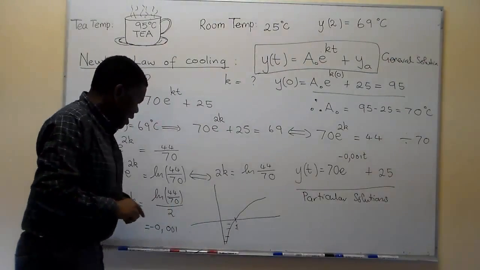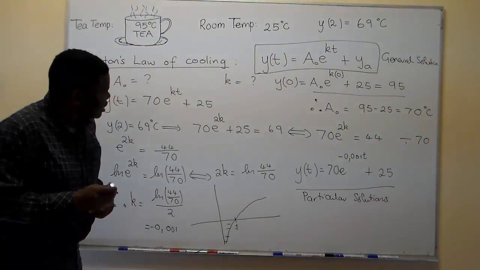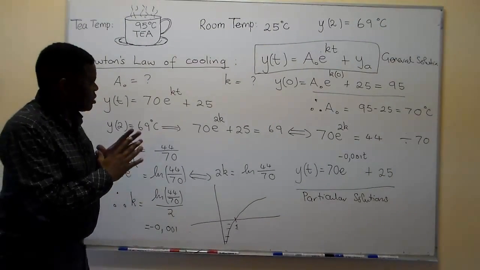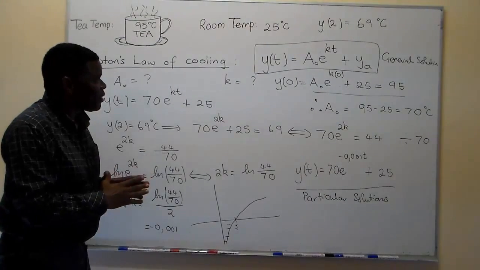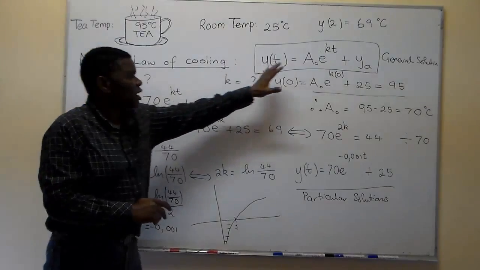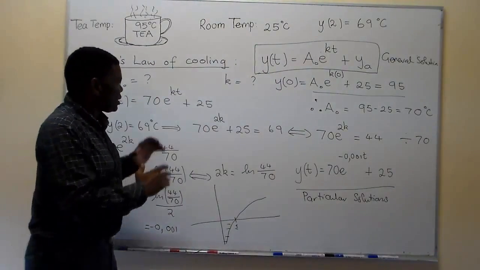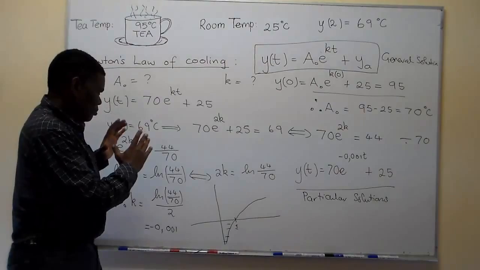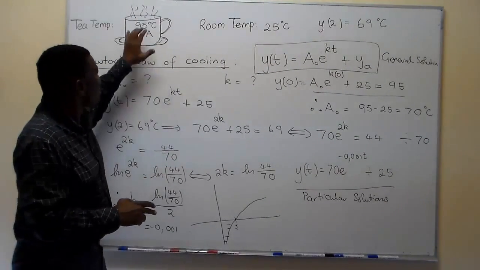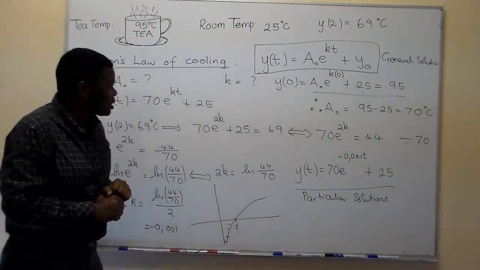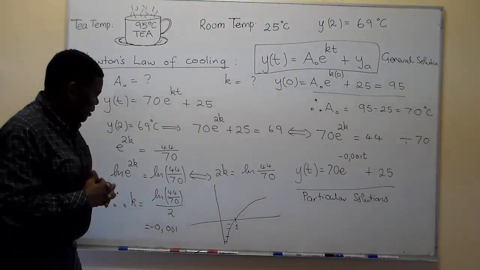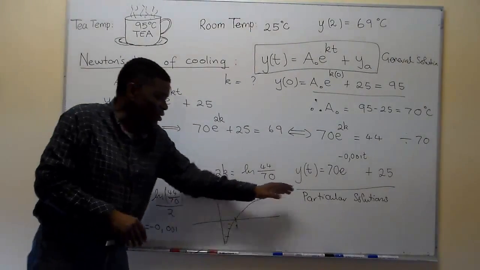I hope you've taken note of the process involved here. You have a particular situation, we know a general model, now you want the model which describes this particular situation, so you have got to take account of your initial conditions which are given, use them to find particular values, then you arrive at a solution.